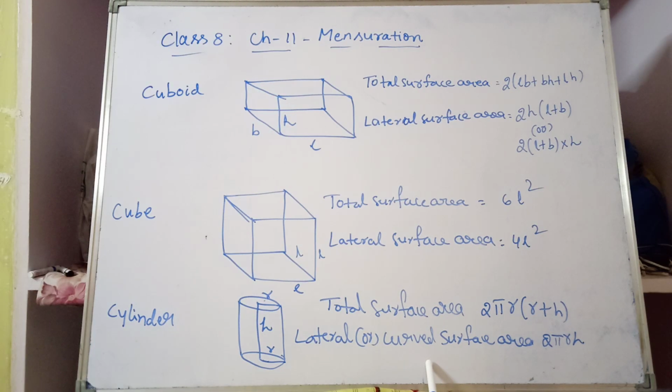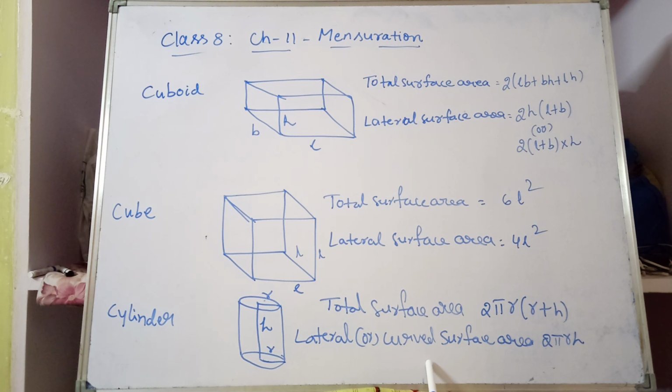Finally we'll have a glance at the cuboid. Total surface area is 2 into LB plus BH plus LH. Lateral surface area of a cuboid is 2H into L plus B, or you can write 2 into L plus B into H. For a cube, total surface area is 6L square, and lateral surface area, which is nothing but 4 walls, is 4L square, if the edge is denoted by L. For the cylinder, total surface area is 2 pi r into r plus h, and lateral or curved surface area is 2 pi r h.